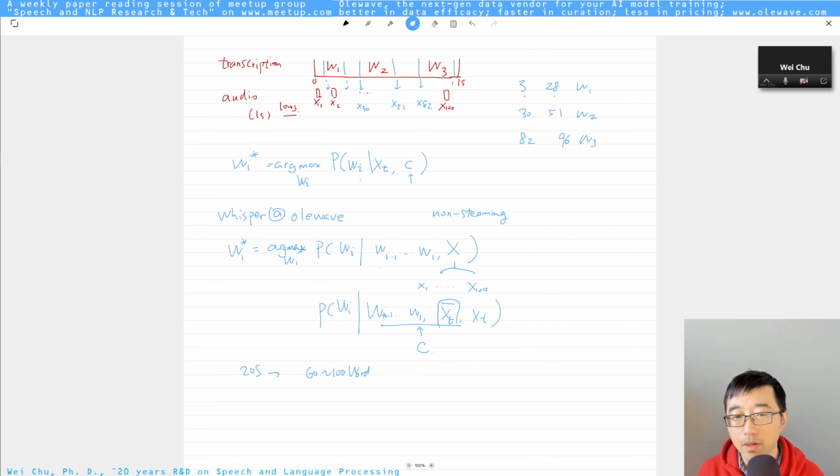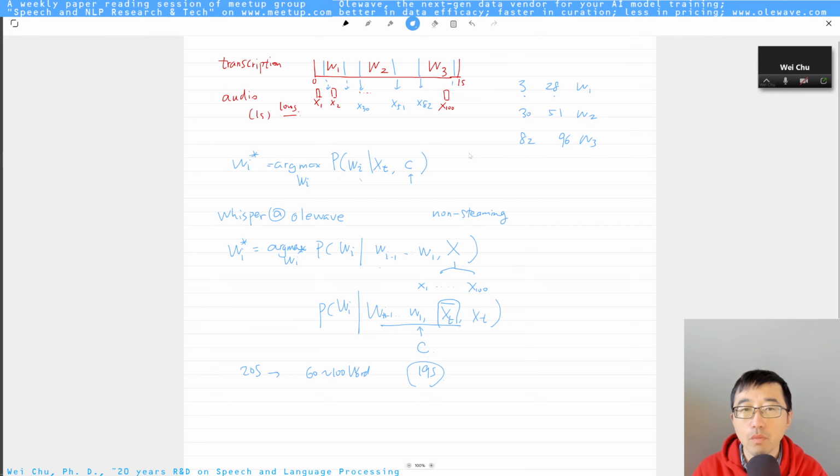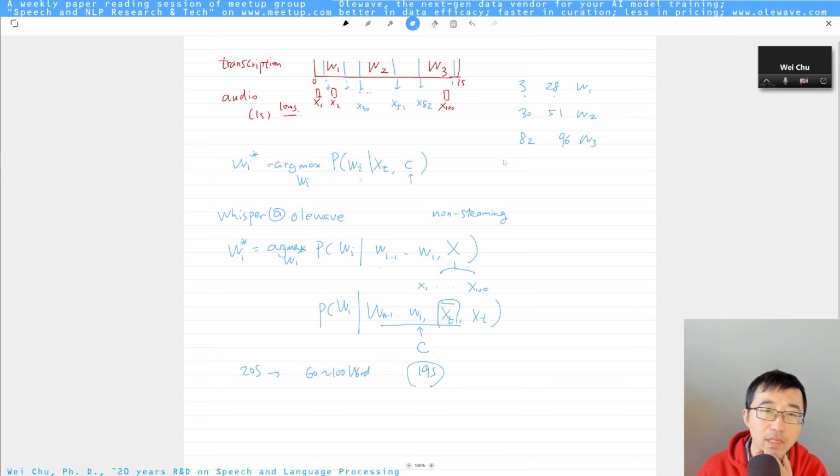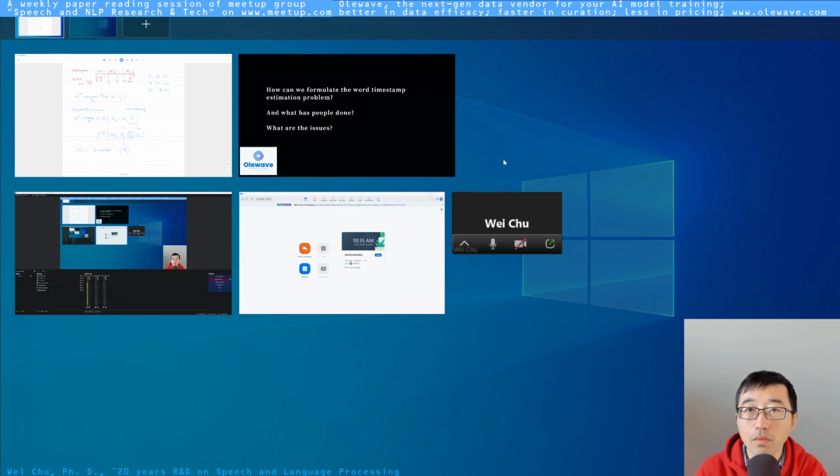But in Whisper, you have another 19 seconds that also has to be fed into the estimation of everything, right? So it's not that ideal, okay? And if you look at another paper, you may ask what Whisper actually did. They use attention weights.